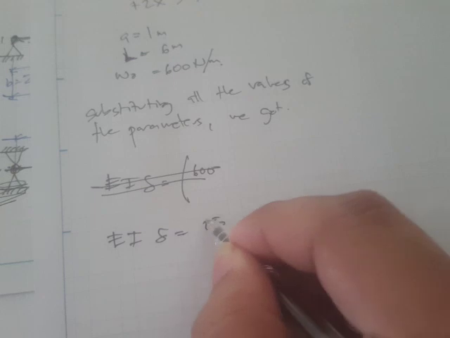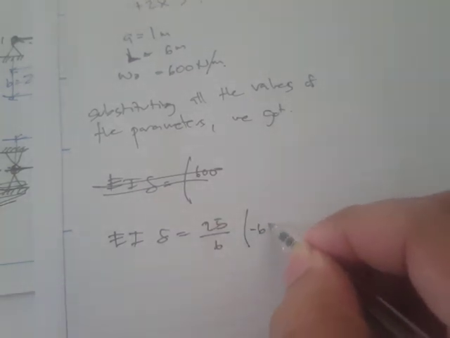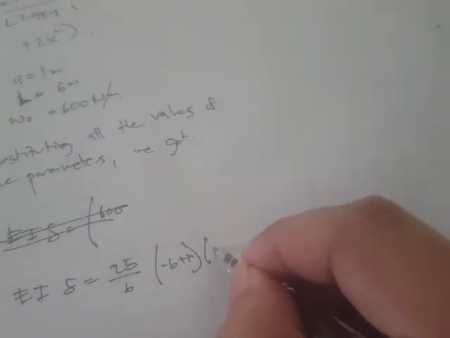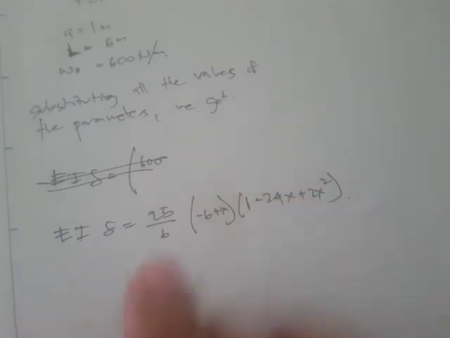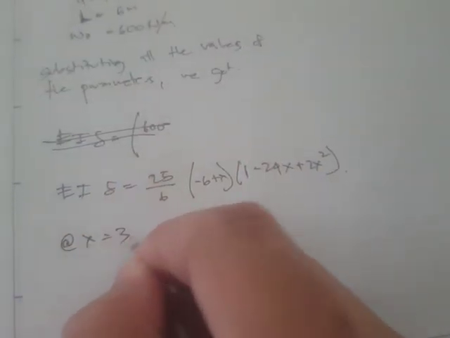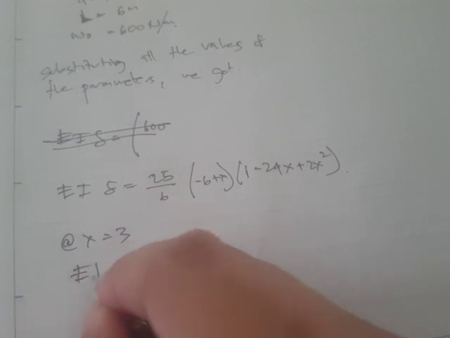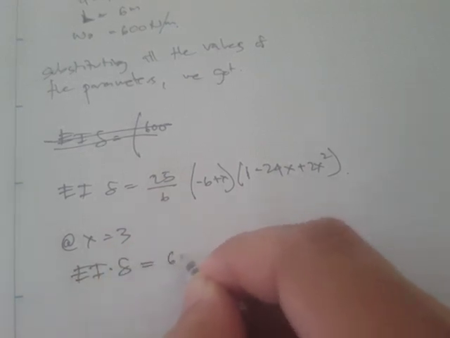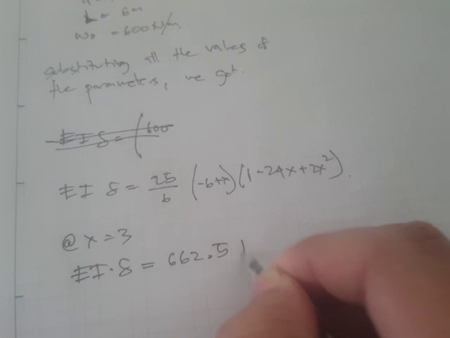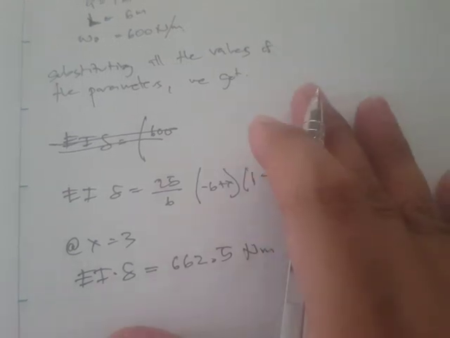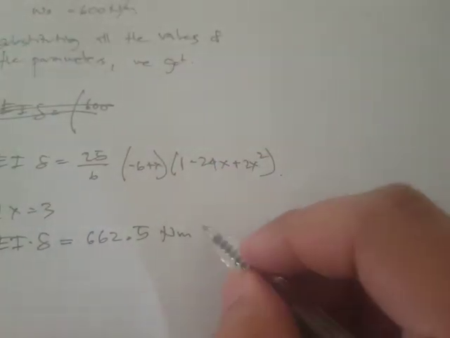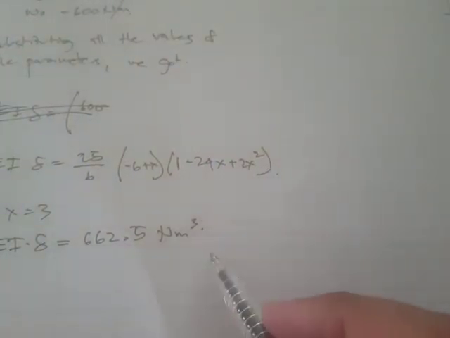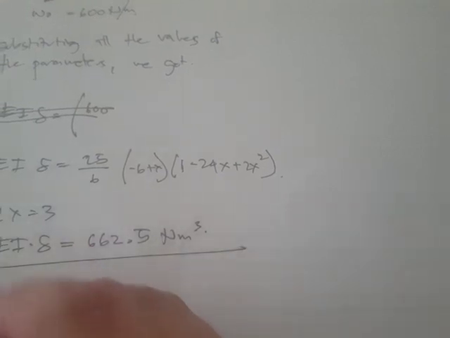It's equal to 25 all over 6 minus 6 plus x times 1 minus 24x plus 2x squared. Okay, and therefore at x is equal to 3, our EI times the deflection is equal to 662.5 newton per meter. What's the unit of this? I think newton per meter cube. All right, so that's it.